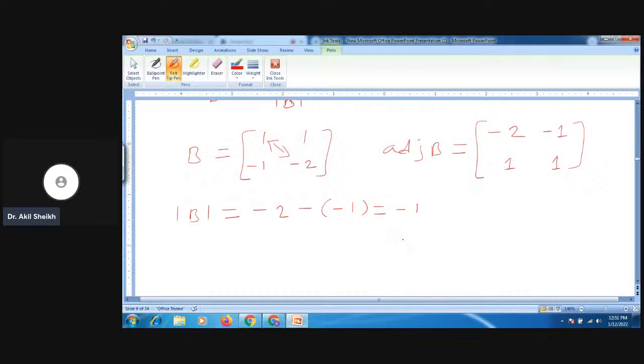So B inverse equals minus 1, the value of the determinant of B, times the adjoint of B, minus 2, minus 1, 1, and 1. Multiplying each element of the matrix by minus 1, it becomes 2, 1, minus 1, minus 1.